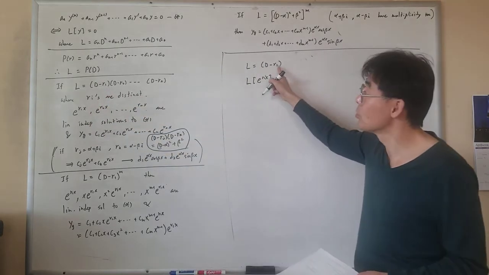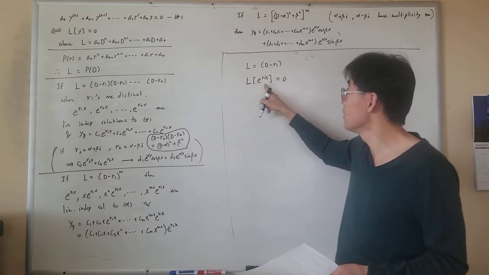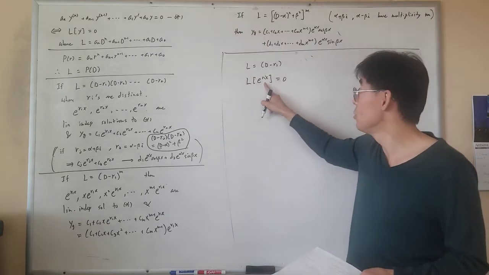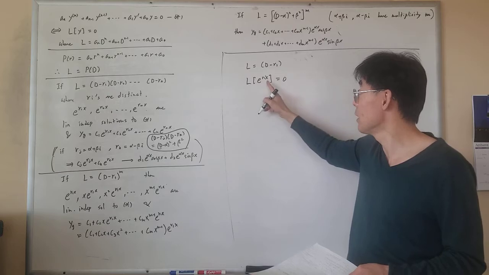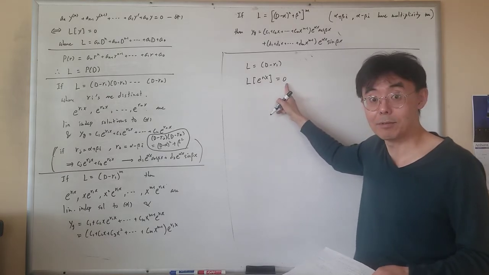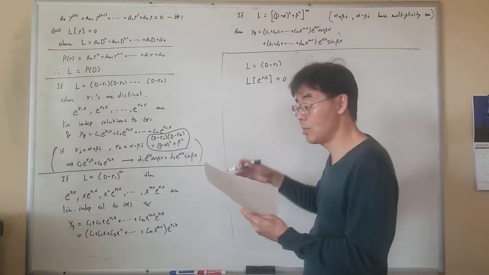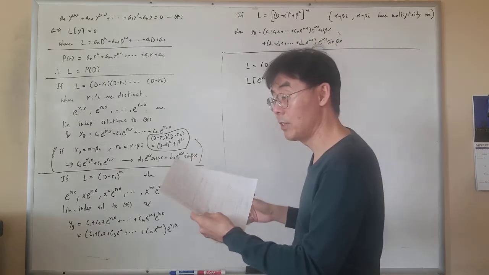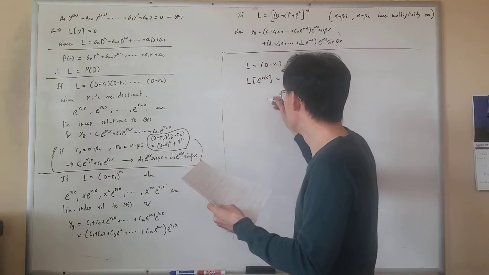If r1 is a root of the characteristic equation, then e to the r1 x is a solution of this one. That means when you plug it in, you get 0, right? So that's what you see in the first page of the 6.3 lecture notes.